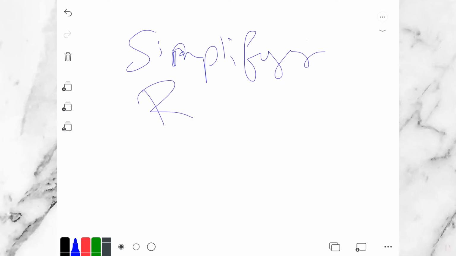We have been talking about simplifying radicals. And of course, we have been doing this at school, and we have been doing the square root of 9, which we all know is 3. We've been doing this because 3 times 3 is 9.